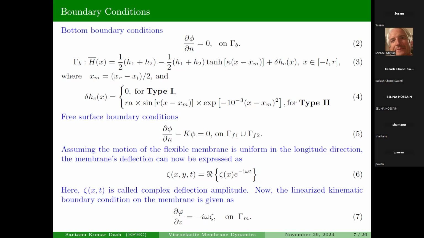And the free surface boundary conditions, excluding the membrane part, will satisfy equation number 5, and we assume the membrane to be flexible and uniform in the longitudinal direction.